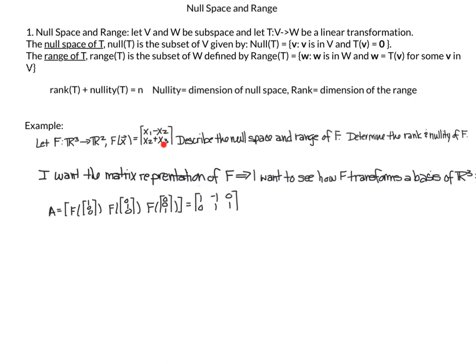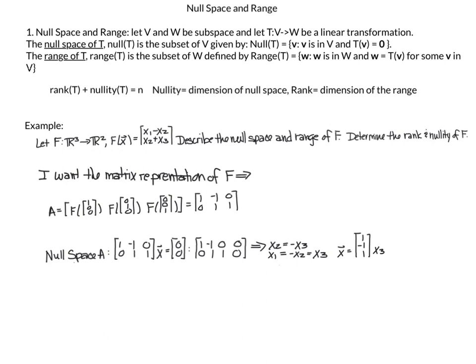And then for my second coordinate, it's x2 plus x3, which is 0 plus 0. For (0, 1, 0), x1 minus x2 gives me 0 minus 1, which is minus 1. x2 plus x3 is 1 plus 0, which is 1. For my third basis vector, x1 minus x2 is 0 minus 0, which is 0, and x2 plus x3 will give me 1. So here is my matrix form of this transformation f.